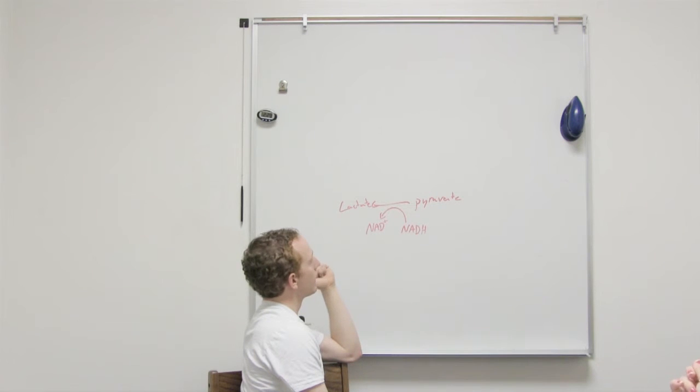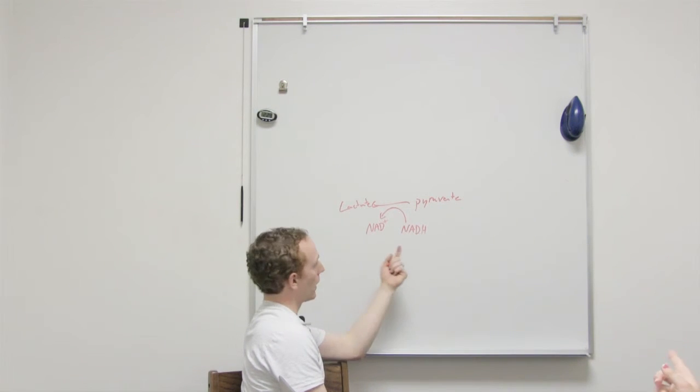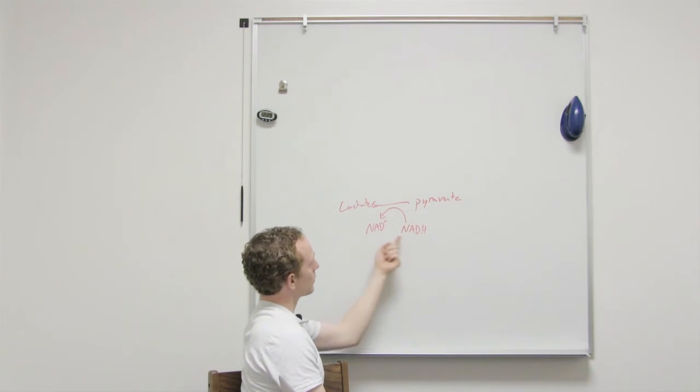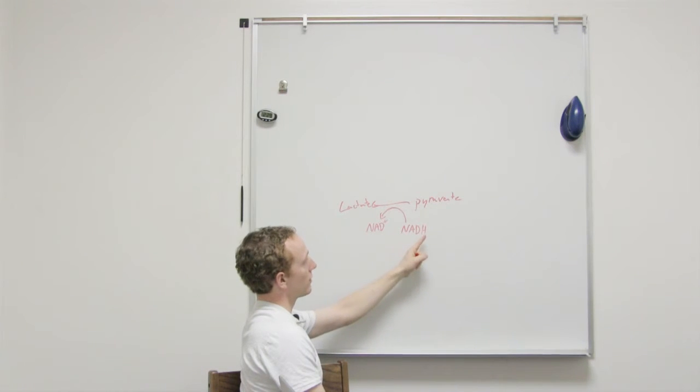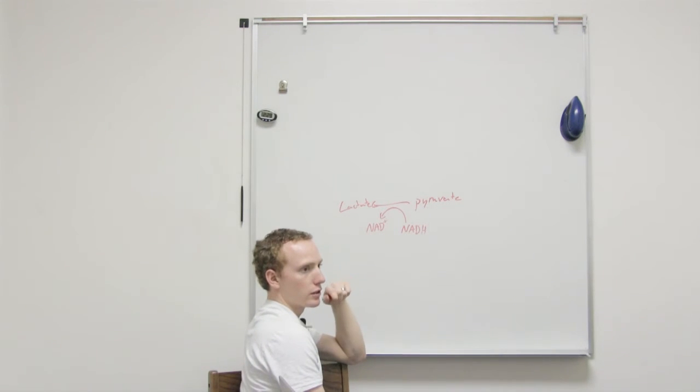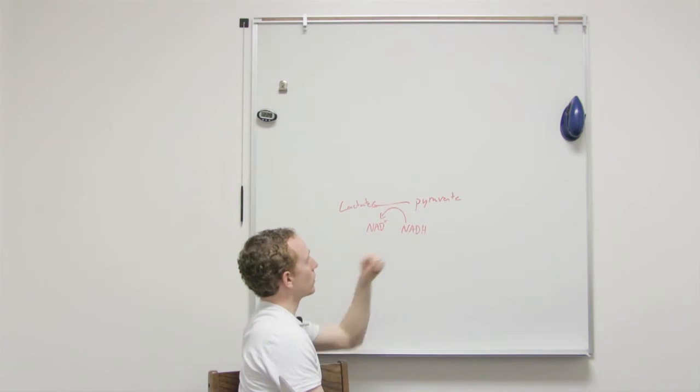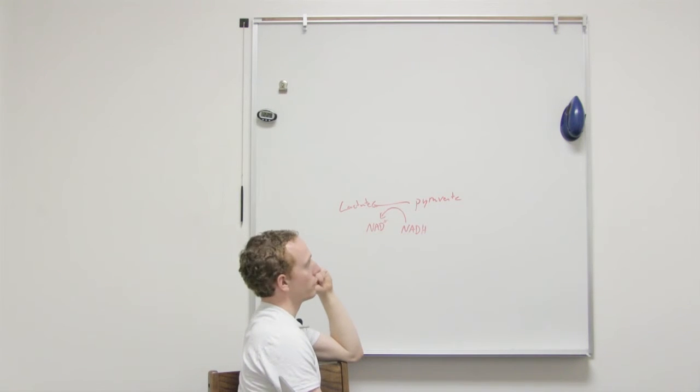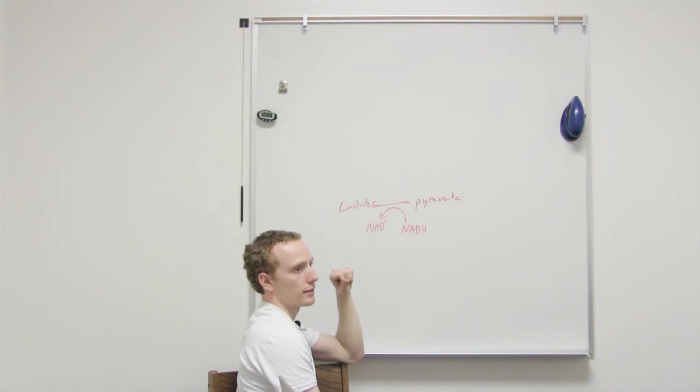NADH becomes NAD plus, so it's going to give that hydrogen and 2 electrons back onto a pyruvate molecule. That molecular structure change is what turns it into lactate.